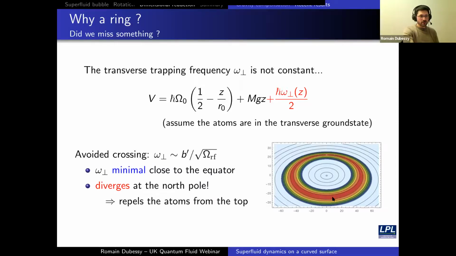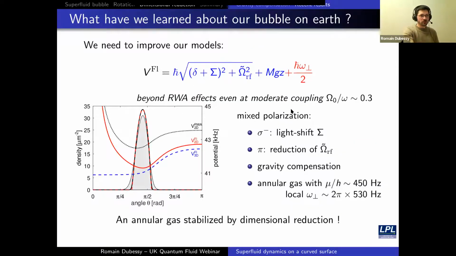And the problem is that the confinement is not the same everywhere on the bubble. And in fact, it increases as the atoms go to the top. So we have an extra term in the potential that is the zero-point energy of the inhomogeneous transverse confinement. And this provides a very effective barrier to repel the atoms from the top of the bubble.